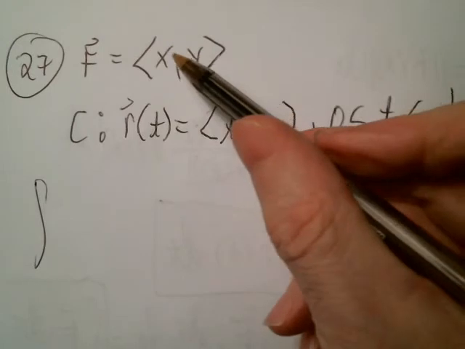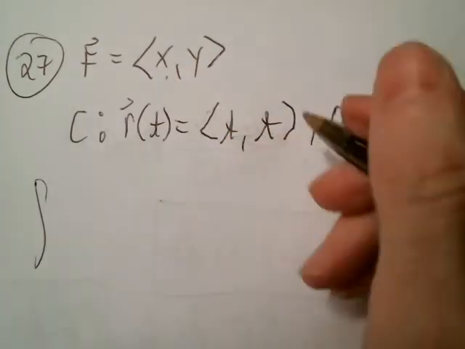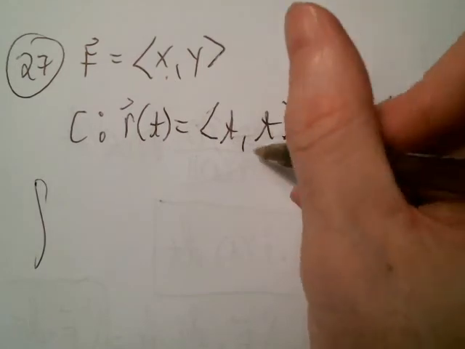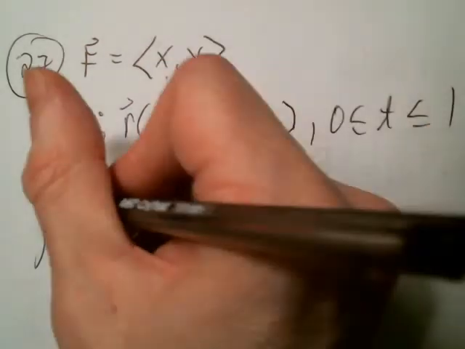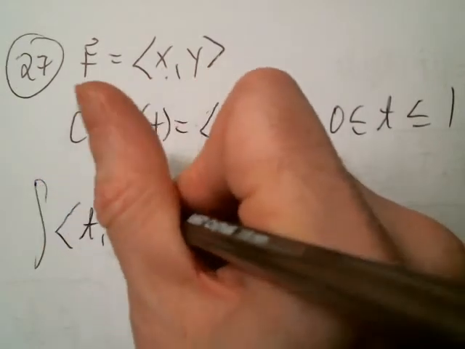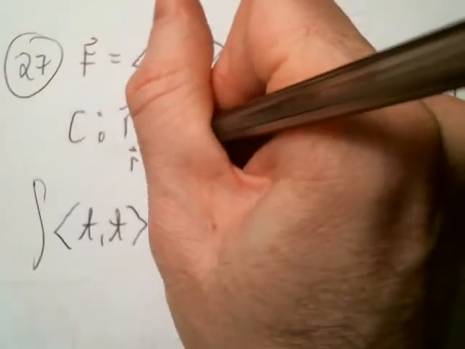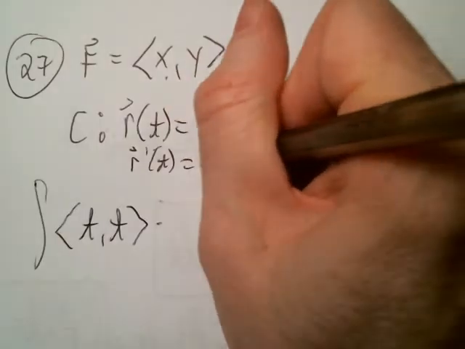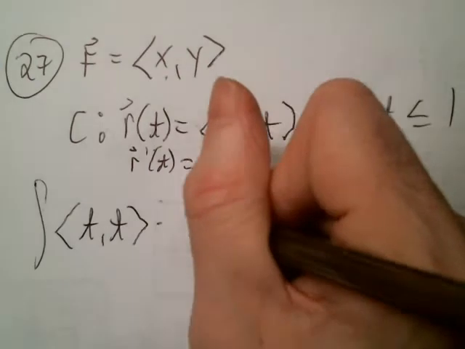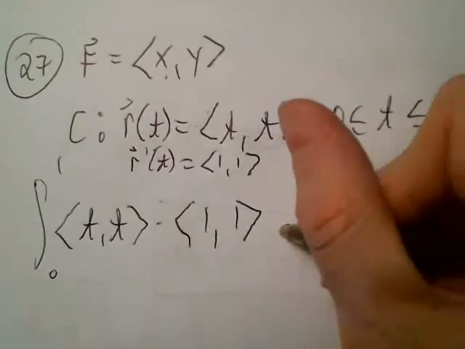So I need to replace everything with t's, right? So instead of x, I'm using t. So this is your x of t, this is your y of t, and you're plugging those into here. So xy is just t comma t, and then I dot that with the derivative of r of t. So r prime of t is 1, 1. So dotted with 1, 1. I'm integrating from 0 to 1, and this is dt.